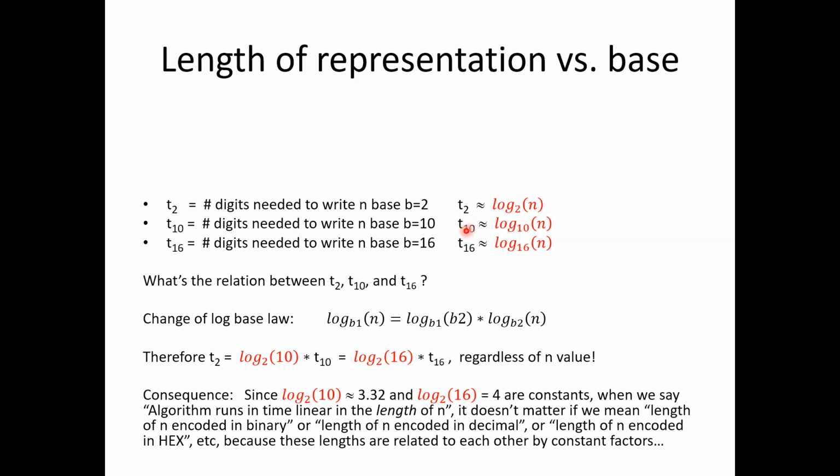How many decimal digits I need, base 10, is logarithm base 10 of n, right? What's the relation between them? Well, it's the logarithm base law, right? Logarithm of n base b1 is related to logarithm of n base b2 by the following factor.